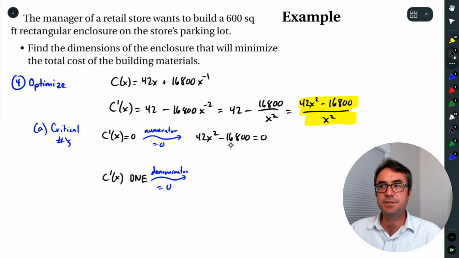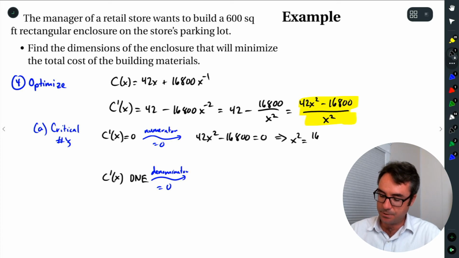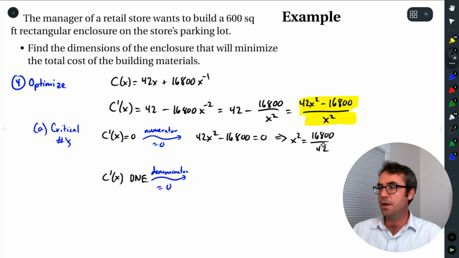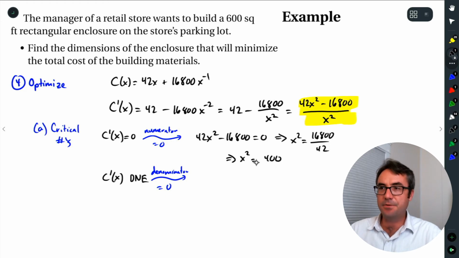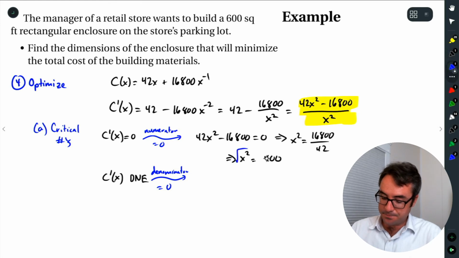And then if we solve this, what do we get? Let's add 16,800 to both sides. Divide by 42. So that'll give us x squared is equal to 16,800 divided by 42. Clean that up. I think we get 400 if we do that. So x squared is equal to 400. And then from there, we want to get x by itself, so we're going to apply the square root.